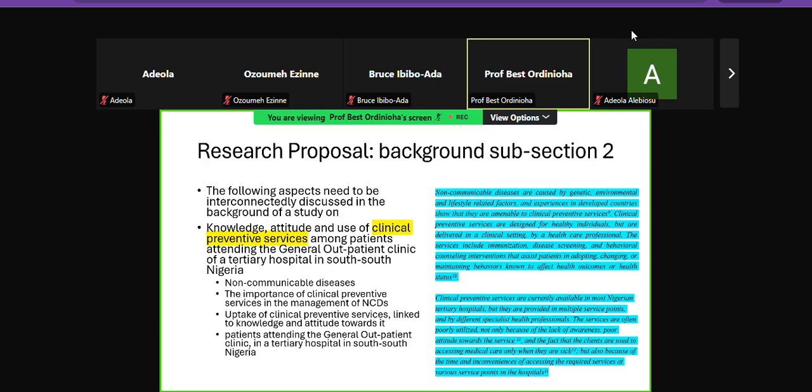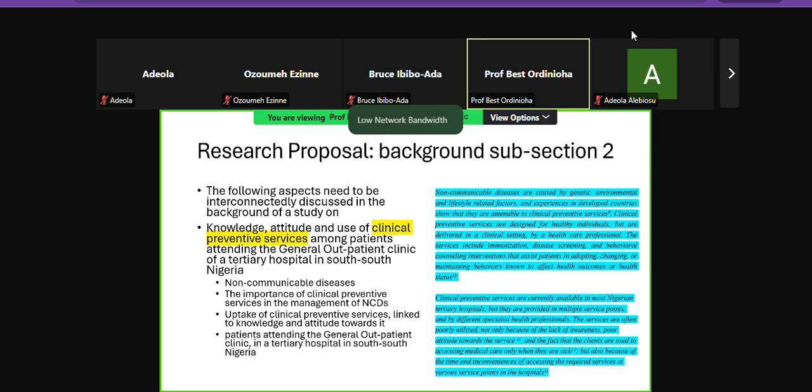The important thing there is clinical preventive services, and clinical preventive services are used for non-communicable diseases. And you are carrying out the study in the outpatient clinic of a tertiary hospital, so you can start the problem.